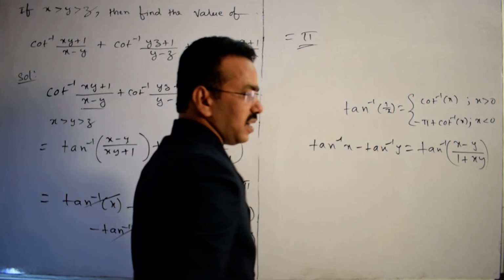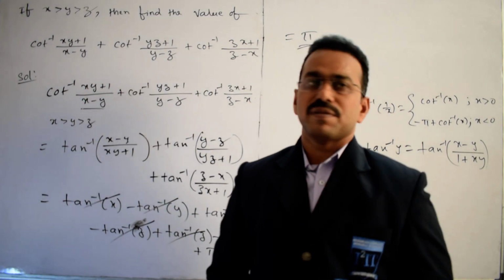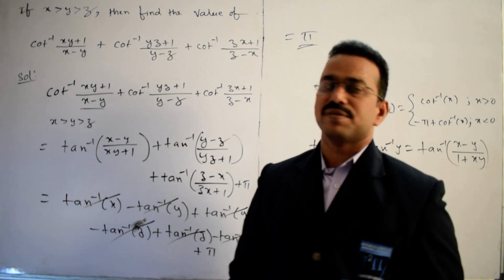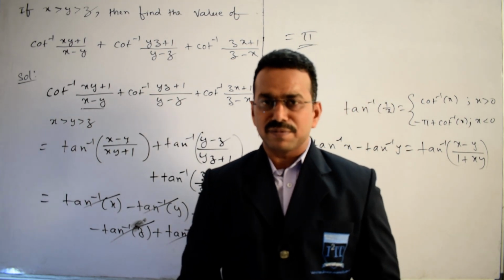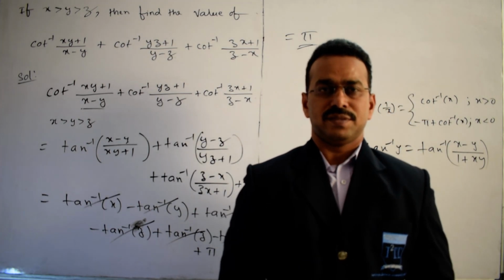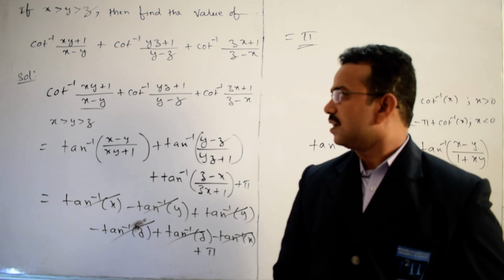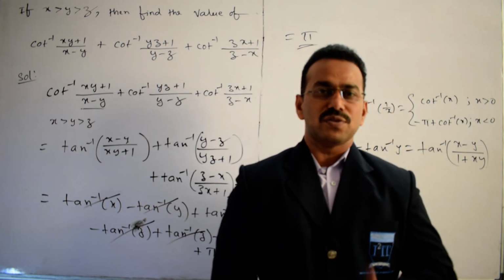This is the required conclusion. Finally we got cot inverse of (xy + 1)/(x - y) plus cot inverse of (yz + 1)/(y - z) plus cot inverse of (zx + 1)/(z - x) equals pi. So this is the final conclusion. At last, what is the key concept we applied here? Simply we applied two formulas.